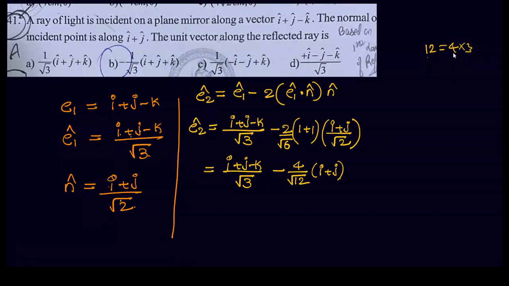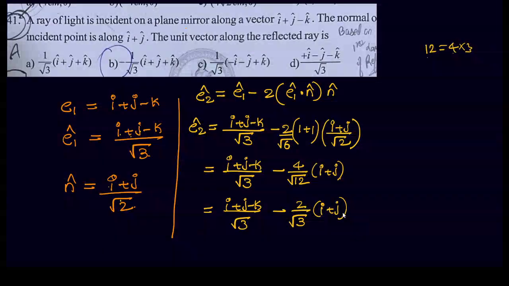This is 12, we can write it as i plus j minus k by root 3, and this value we can write as 2 by root 3 into i plus j. 12 means 4 into 3, root 4 comes outside. So root 3 is the LCM.